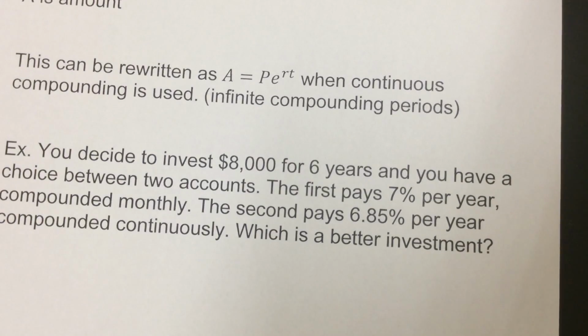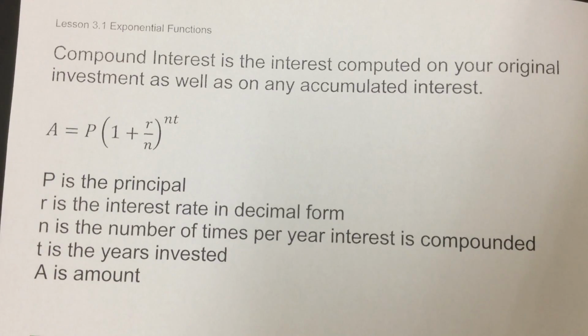Now, one more practical application of this, where you may actually use this in your life, is with compound interest. Compound interest is the interest computed on your original investment as well as any accumulated interest, and it's done periodically throughout the year.